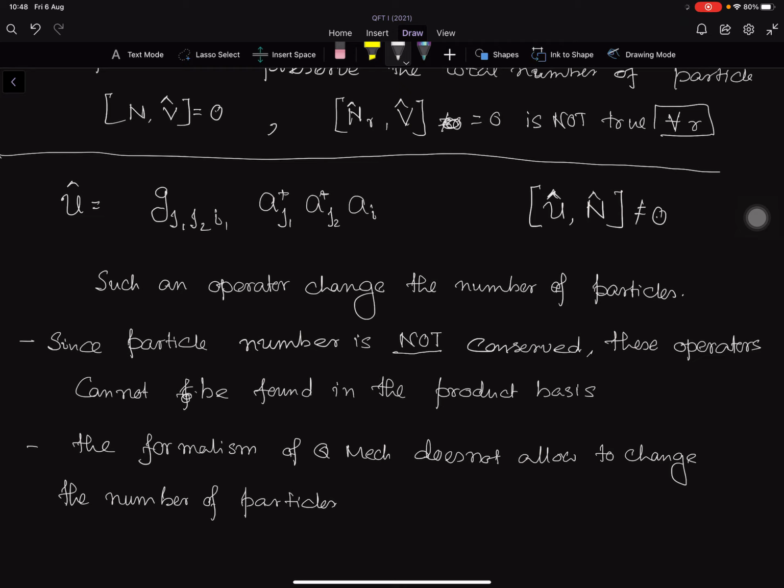As a result, any process or any operator that changes the number of particles doesn't have any meaning in terms of the multi-particle Hilbert space in the product basis, because the product basis is more like a quantum mechanical system. We are just taking a collection of quantum systems, and in that formalism, it does not allow changing the number of particles.